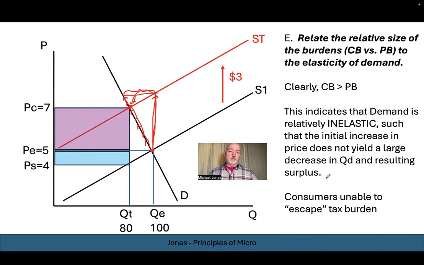So make sure that you can articulate that relationship between elasticity and tax burden. And again, circling back, that's why we wanted to make sure to draw the graph correctly, right? Because numerically, it was going to come out that the consumer burden is larger than the producer burden, and to show that graphically, we needed a relatively inelastic demand curve. So a steep demand and a flat supply will give us the result here.